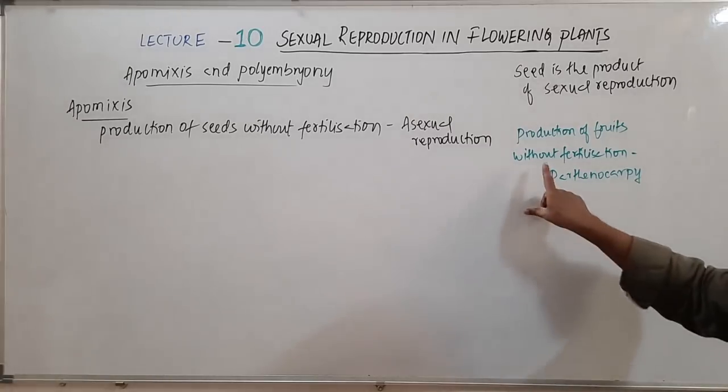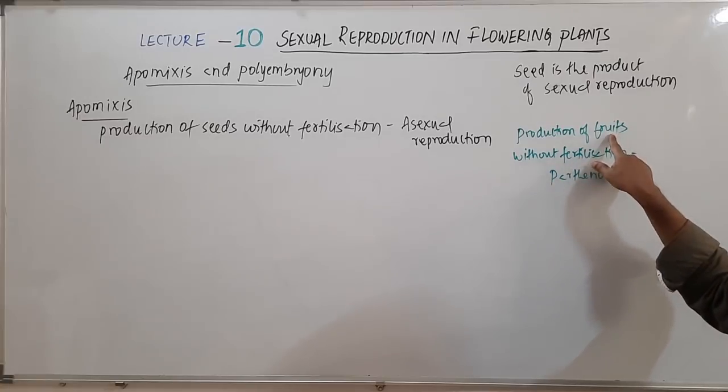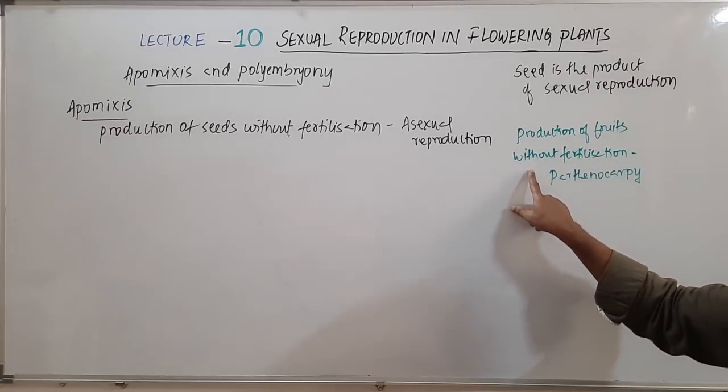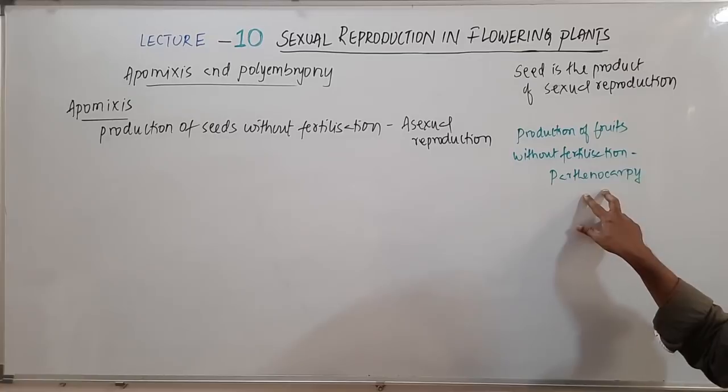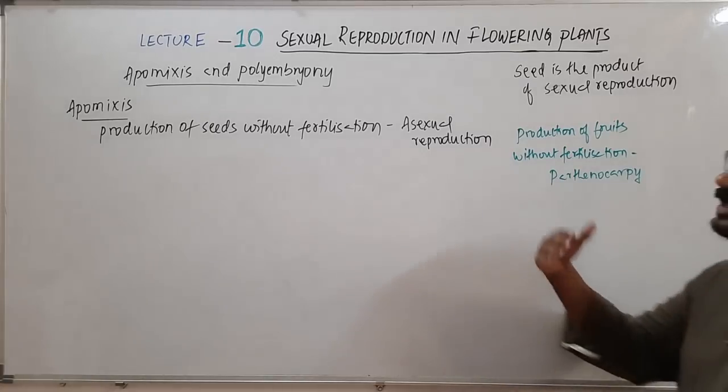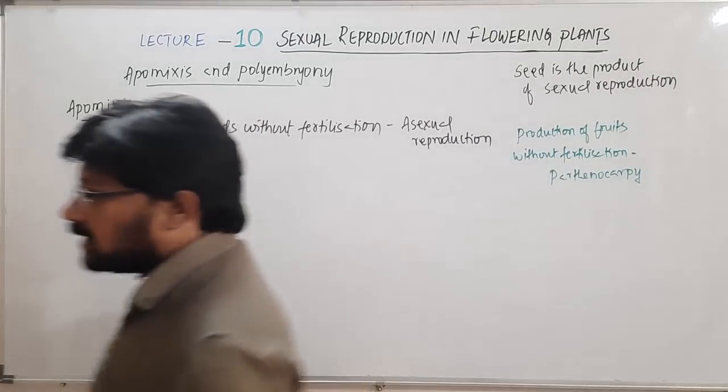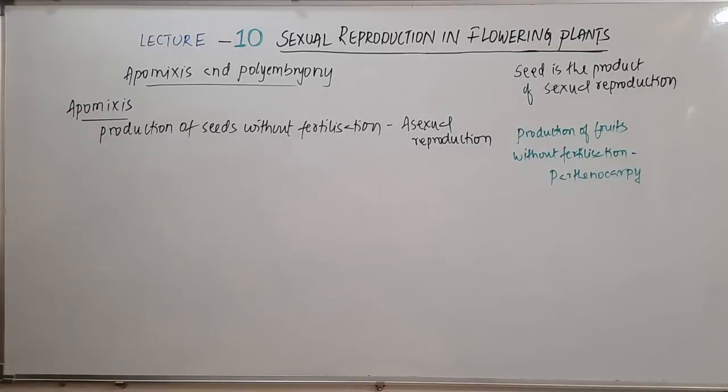So this is different: if the fruit is produced without fertilization, the condition is parthenocarpy, whereas if the seeds are produced without fertilization, the condition is apomixis.